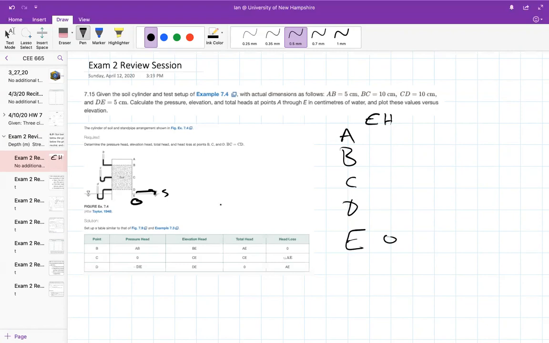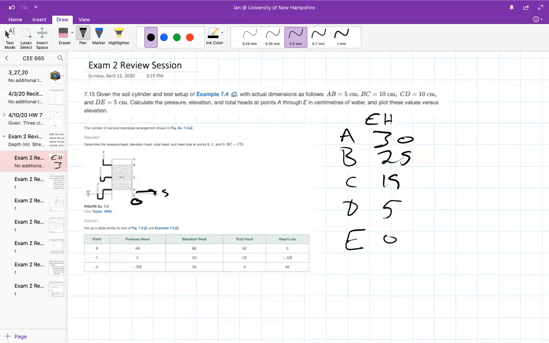So we're at 0, we go up 5, and then from D to C, which is 10, now we're at 15, and then we go up another 10, so we're at 25, and then 30. Simple enough.